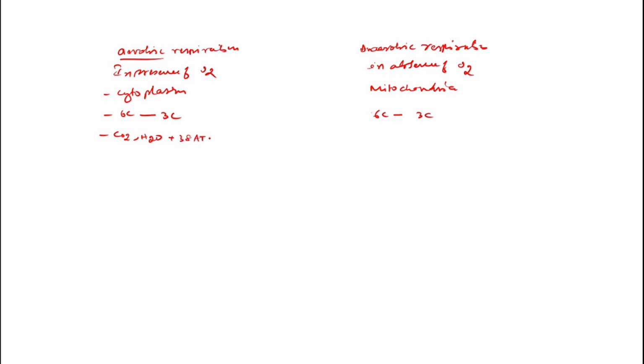ATP means energy. And here you will get ethanol, carbon dioxide and 1 molecule of ATP, energy. Okay, these are all the differences between aerobic and anaerobic respiration. So this you have to note down.